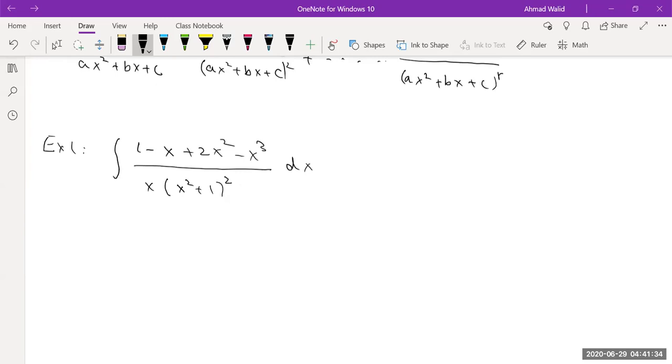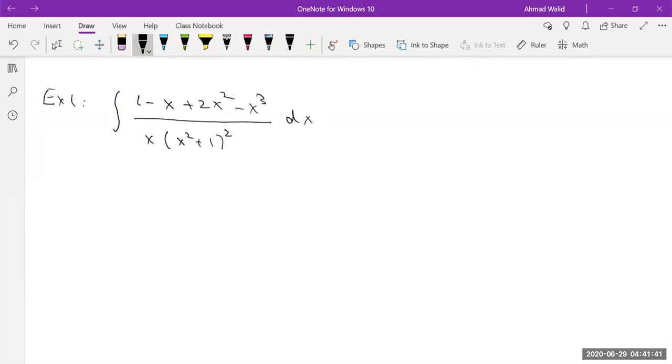Let's set up our fraction. First of all, let's order the top. The top is not in a nice order. Let's order it in descending order. You can write negative x cubed plus 2x squared minus x plus 1 all over x times (x squared plus 1) all squared.